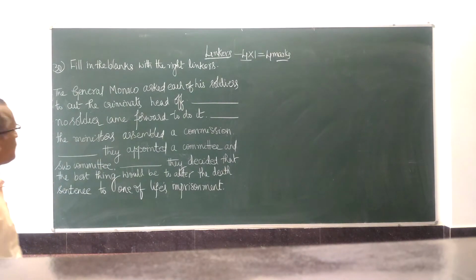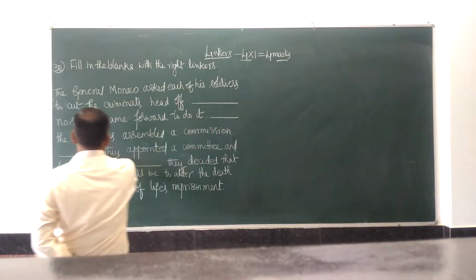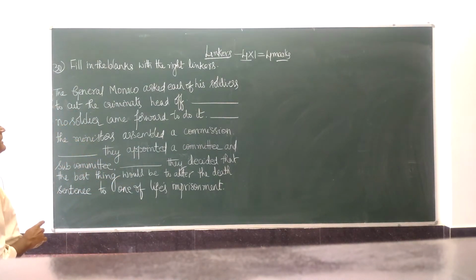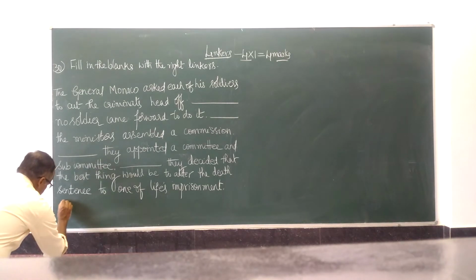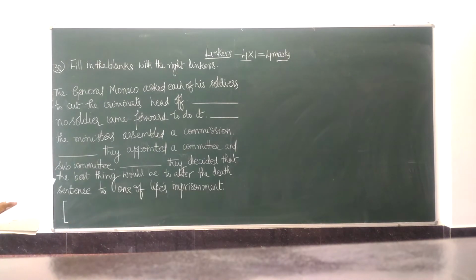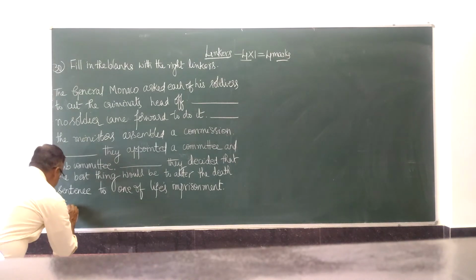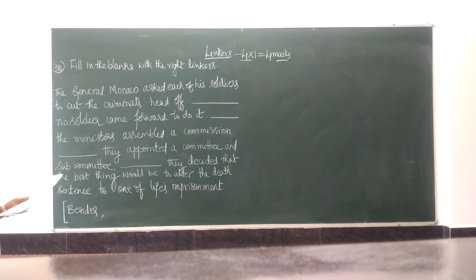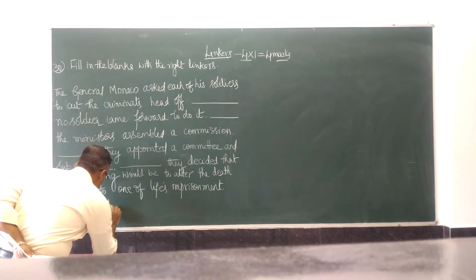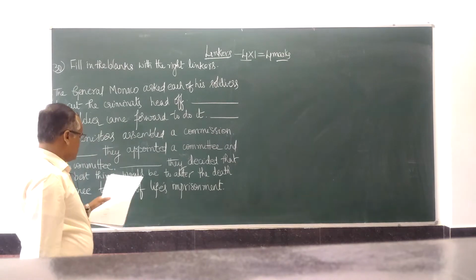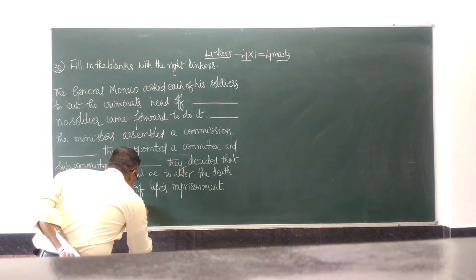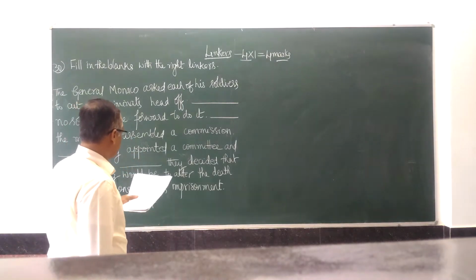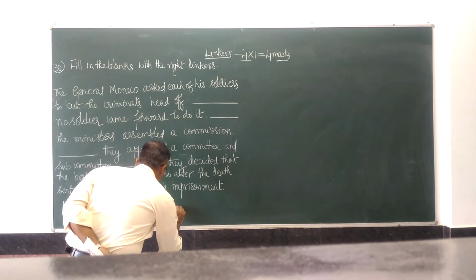There are 4 blanks, 1, 2, 3, 4. For each blank we have to use a linker. The linkers are given here. They also give the options: besides, but, at last, therefore.